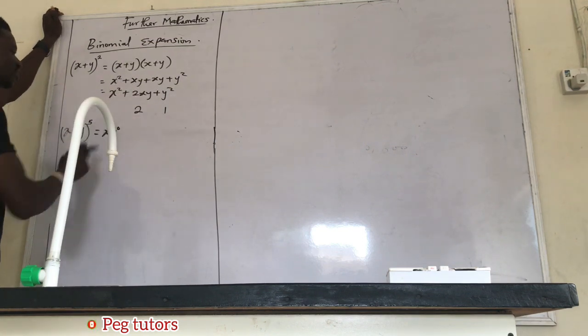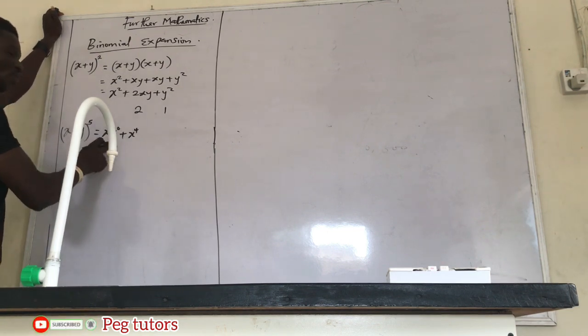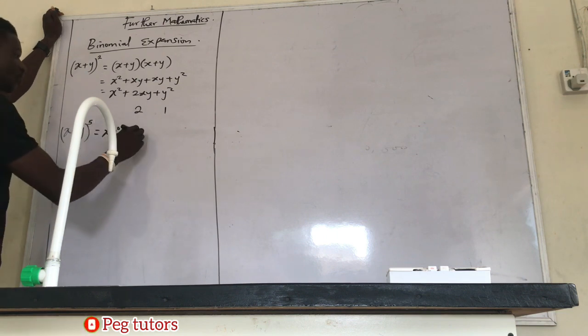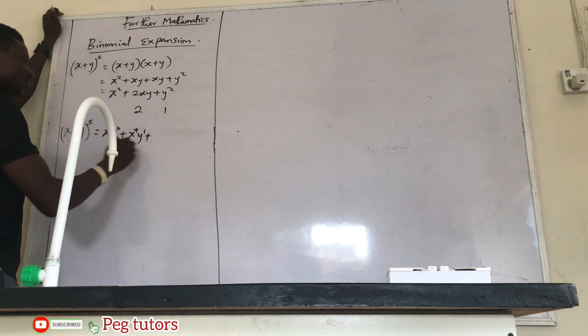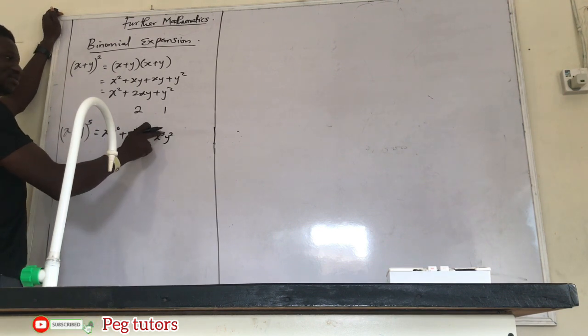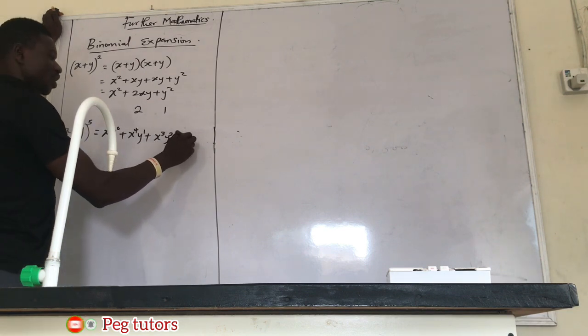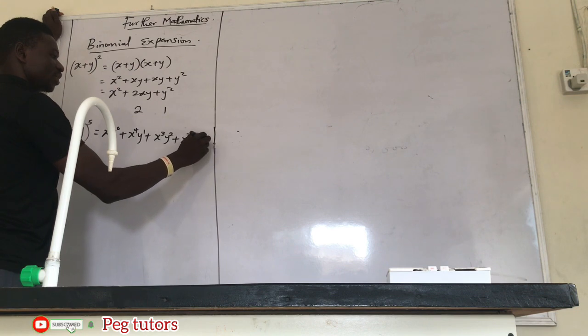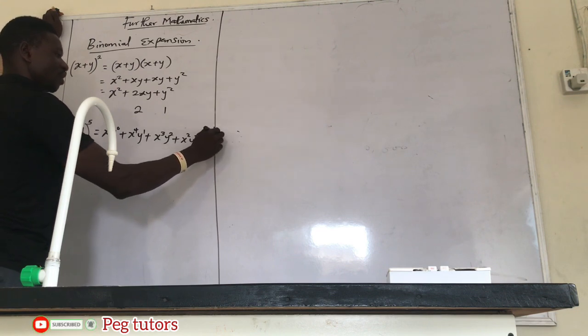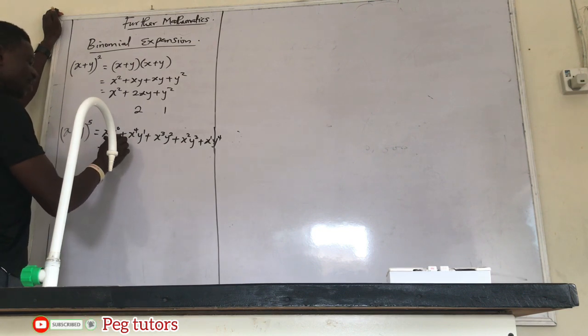So we have x raised to power 5, y raised to power 0, plus x raised to power 4, y raised to power 1, plus x raised to power 3, y raised to power 2. You see, as x is reducing, y is increasing, plus x raised to power 2, y raised to power 3, plus x raised to power 1, y raised to power 4, then plus x raised to power 0, y raised to power 5.